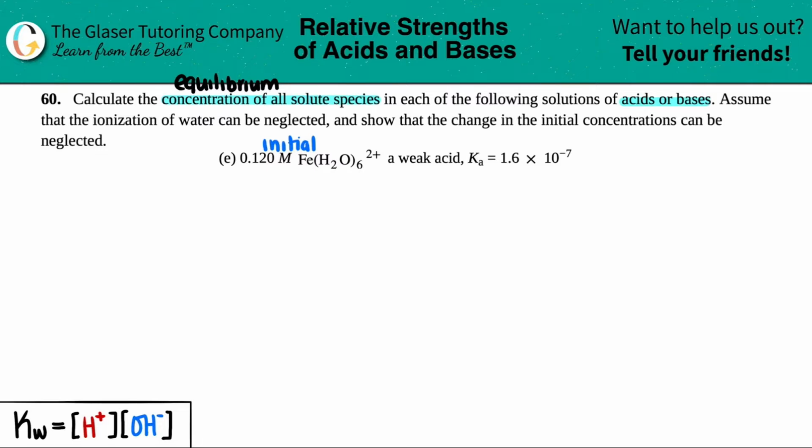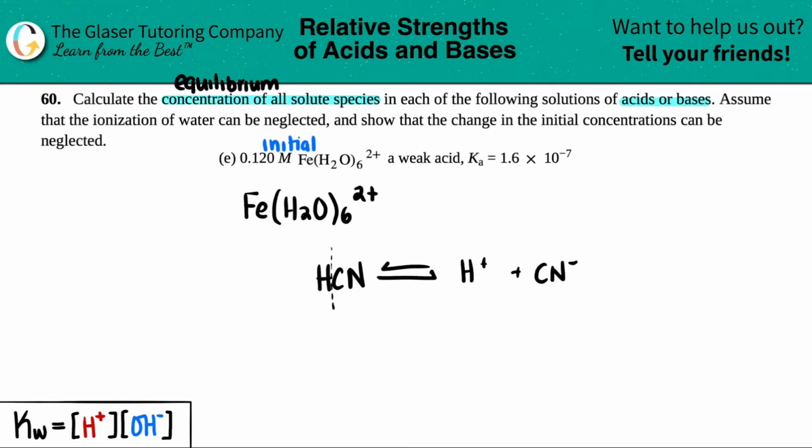So what I'm going to do is say, okay, we have Fe, H2O, 6, and then 2+. Now, generally speaking, with acids, for example HCN is an acid, right? You can do this trick where you just dissociate the acidic H from the rest of the components, and it would just be H plus CN minus.